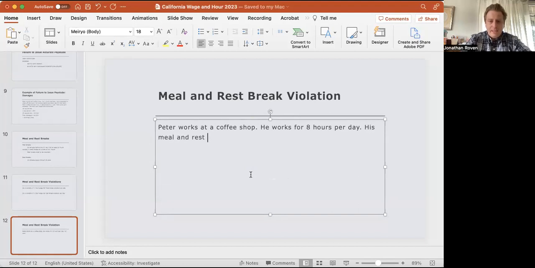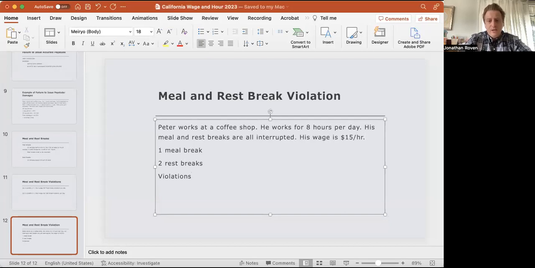His meal and rest breaks are all interrupted. He's supposed to get 1 meal break and 2 rest breaks. His wage is $15 per hour.